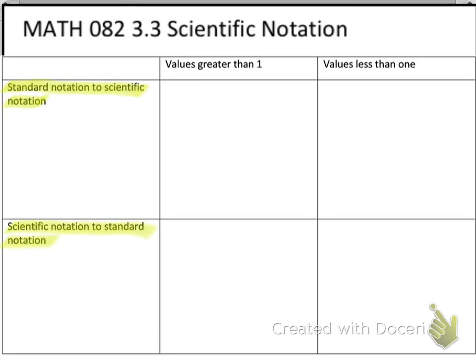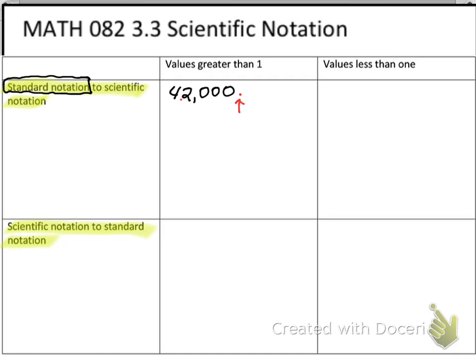Okay? So let me demonstrate what I mean by doing some examples. Let's say I start with the number 42,000. I'm starting in standard notation, and I would like to put it into scientific notation. Right now, the decimal place is starting here, and remember it needs to end up right here, because by definition, in scientific notation there can only be one digit before the decimal place.